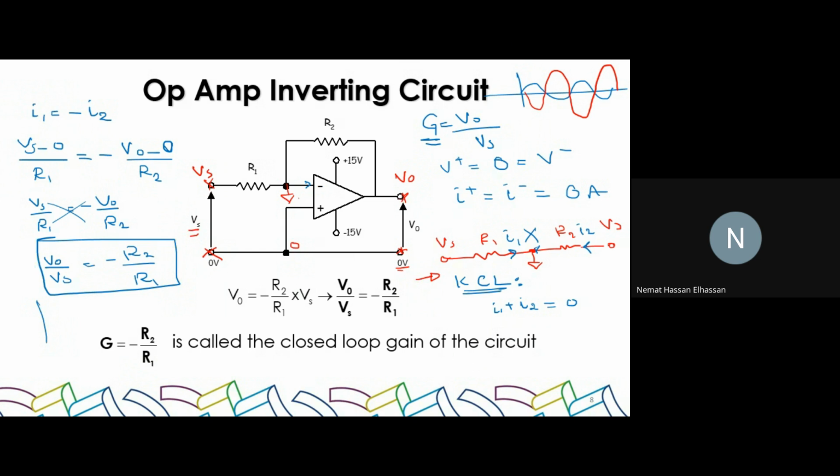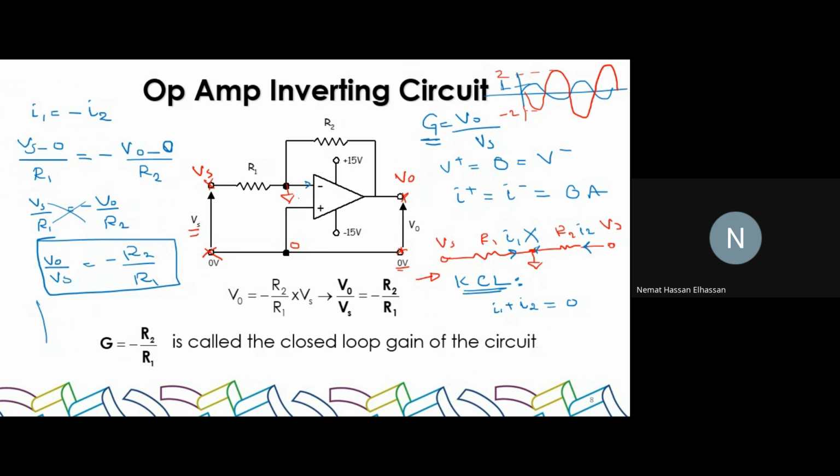For example, if your input is 1 volt and your gain is 2, your output will be how many volts? Minus 2. With a gain. Make sense?